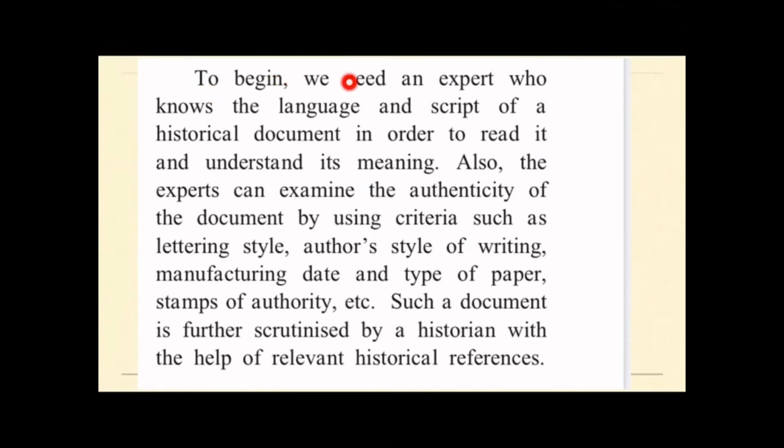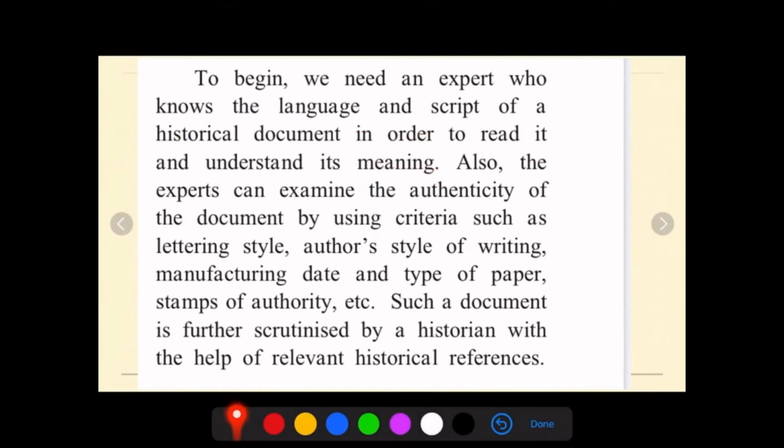To begin, we need an expert who knows the language and script of the historical document in order to read it and understand its meaning. To begin researching with the historical method, we need an expert who has enough information about the past and who knows the language of that time.